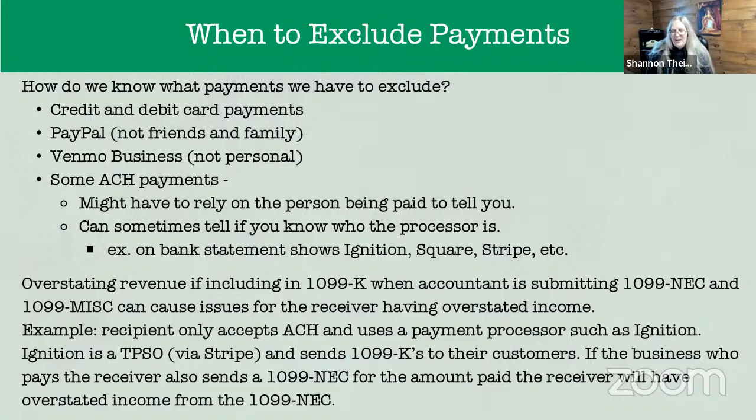So if you pay somebody a smaller amount, like $1,000, and you send them a 1099 NEC, but their processor is sending them a 1099K for 100% of their annual revenue, then that 1099 NEC just overstated their reported income to the IRS by $1,000. And there are a couple of different ways that a business can fix that.